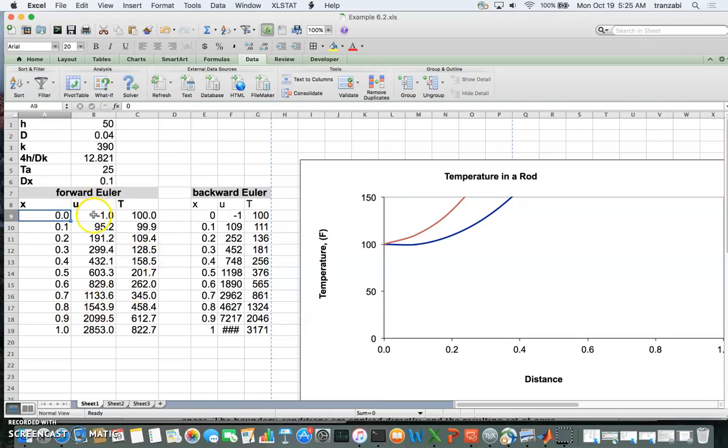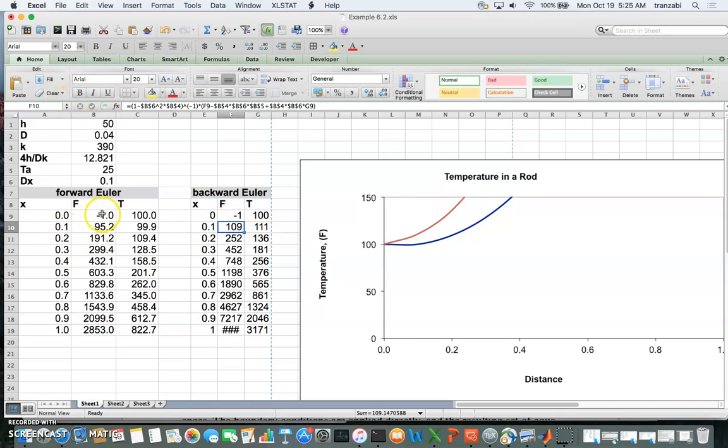All right, so the first point is the boundary condition. Well, here's the problem. We usually start from, let's say, x0, and for x0 I should know u0 and t0, right? By the way, this u is actually f. According to the textbook, this should be f. I'll just call it f. Okay?